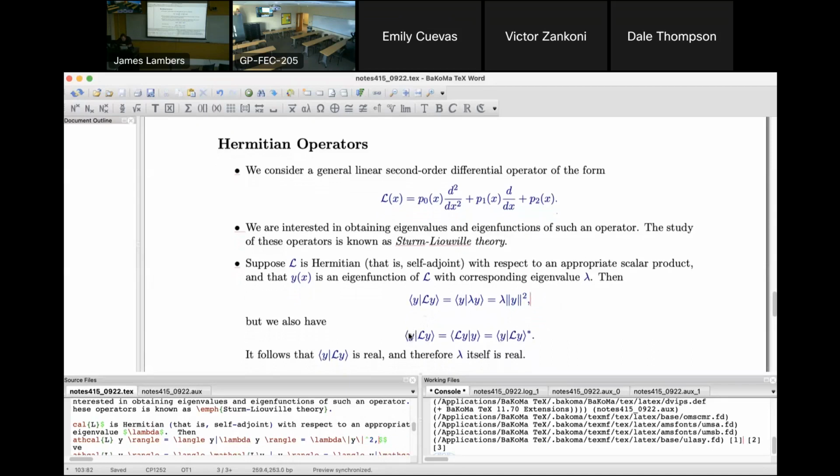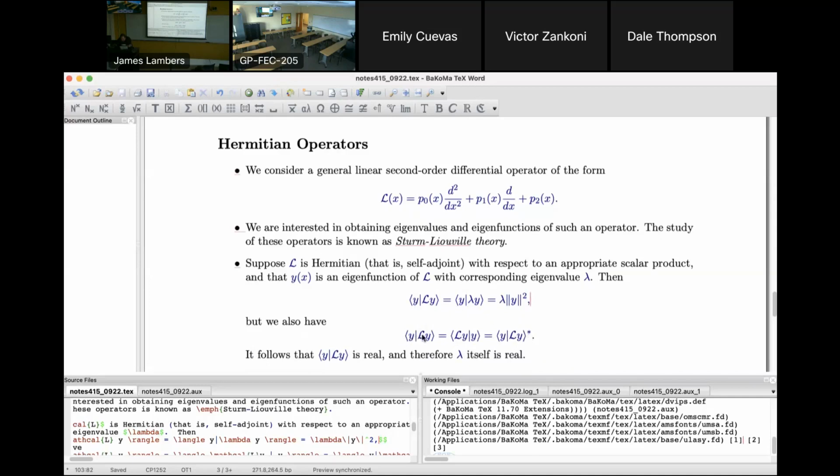On the other hand, we start with the same scalar product, and because L is self-adjoint, I can move the L over to the other y, and the scalar product will keep the same value. I didn't have to put a star here. But if I then switch the arguments, that means taking the complex conjugate. But now I'm back where I started with a conjugate.